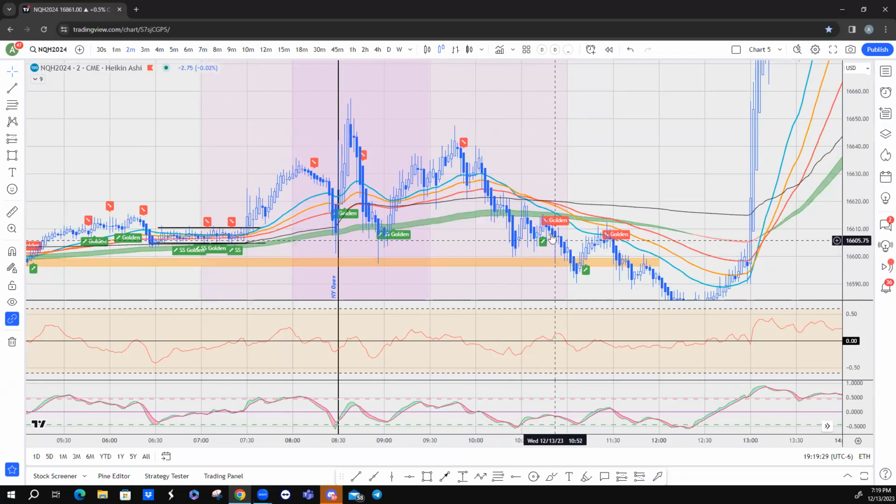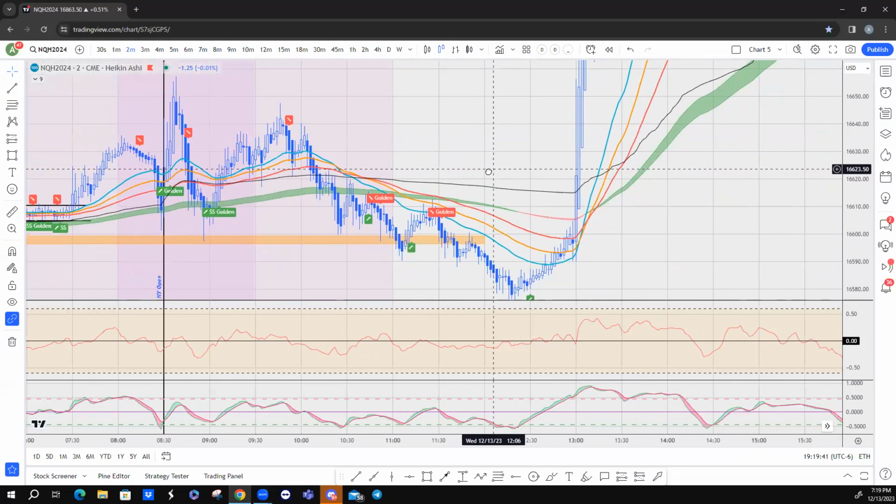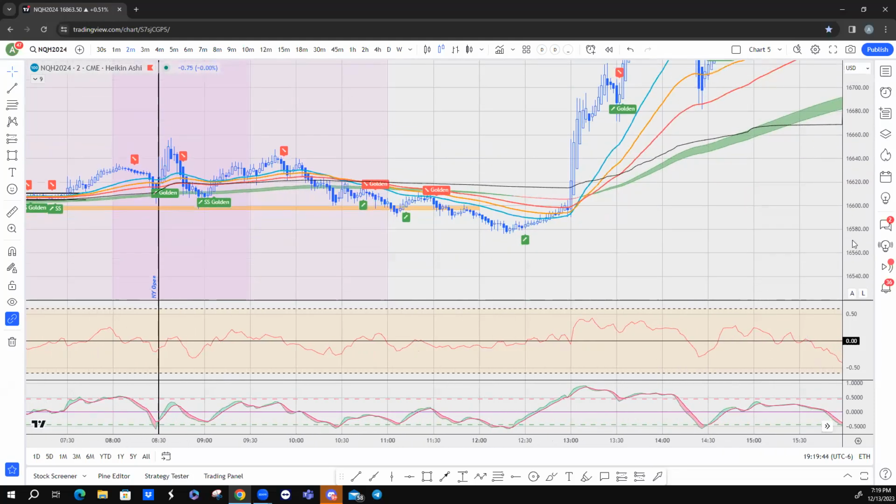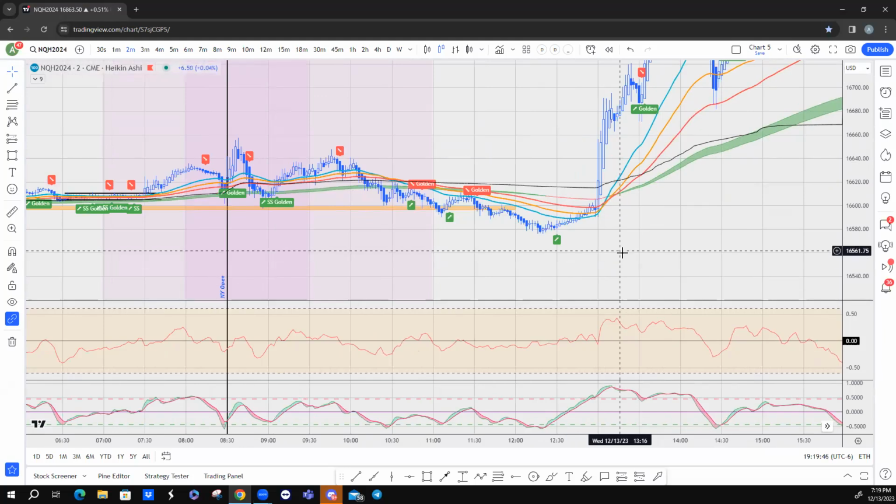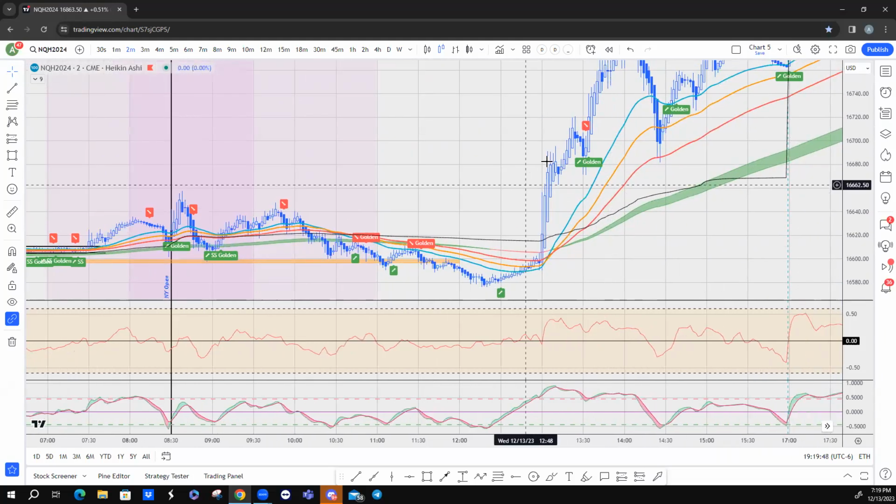Now, I know for NASDAQ, a lot of times price likes to taper off and go flat. It might pick up a little in the afternoon session starting around 1, but I really don't trade that.